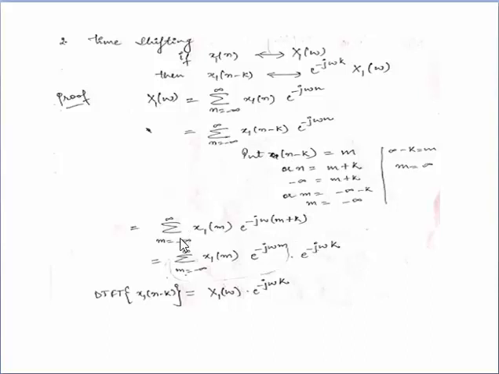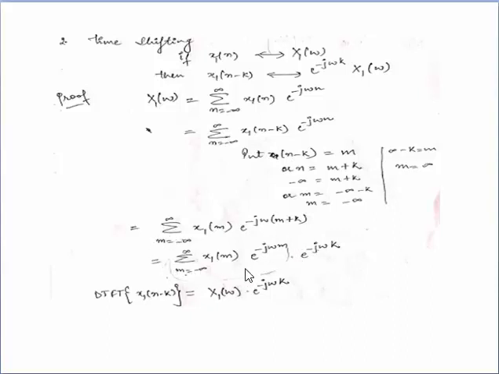So the final equation becomes summation m tends to minus infinity to infinity x1(m) e raised to power minus jω(m plus k). Now we have to split the power into two parts, that is summation m tends to minus infinity to infinity x1(m) e raised to power minus jωm into e raised to power minus jωk.